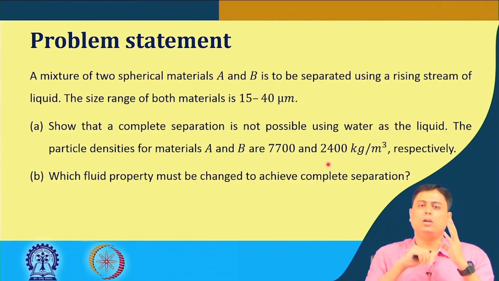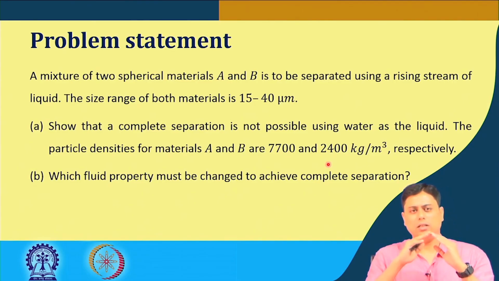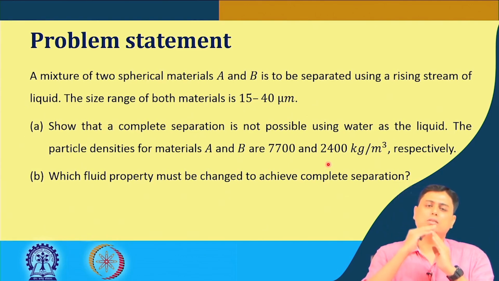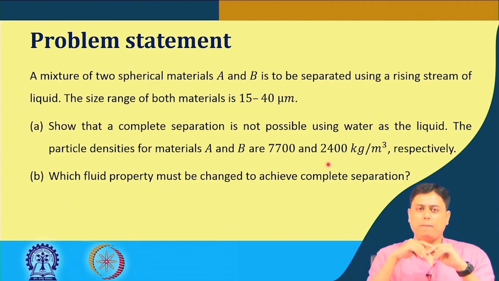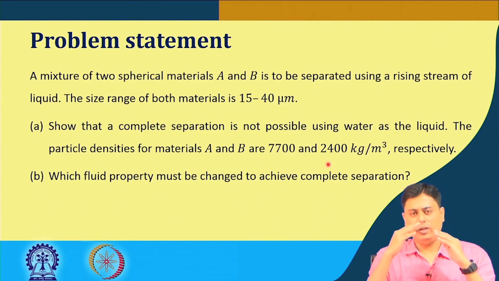So if the terminal velocity of the particle is lower than this rising liquid velocity, then what will happen? This liquid will carry these particles away. If the terminal velocity is higher, then the relative velocity will make the particle settle.